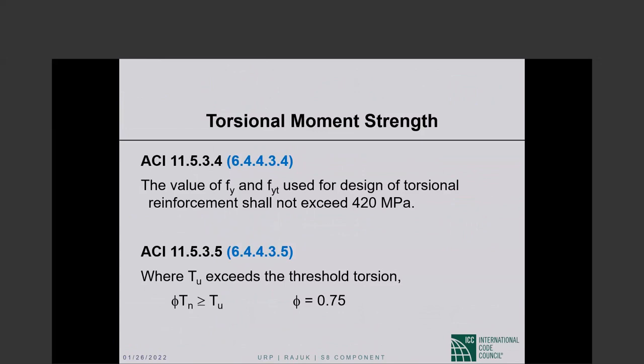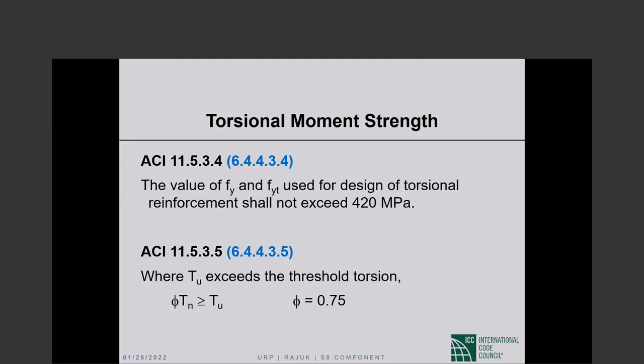Now the value of F sub y, this is the yield strength of the longitudinal reinforcement, and F sub yt, the yield strength of the transverse reinforcement used for design of torsional reinforcement, shall not exceed 420 MPa. Very important limit, and you absolutely need to keep in mind with all kinds of high strength steel around. In torsional design, we do have this limit.